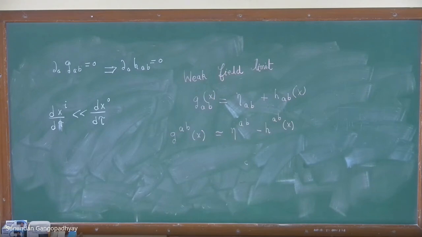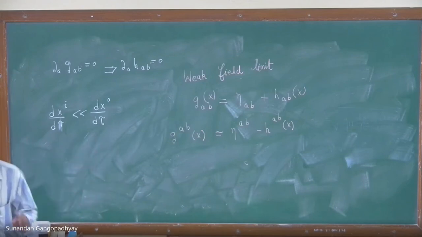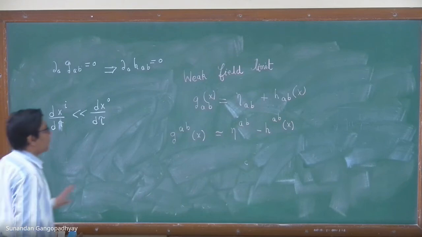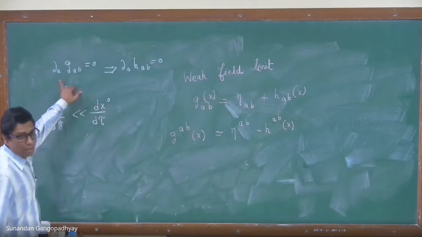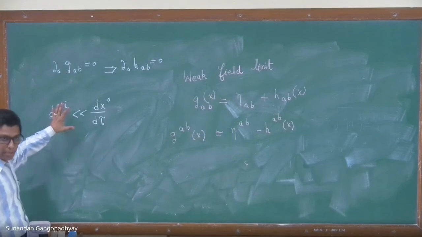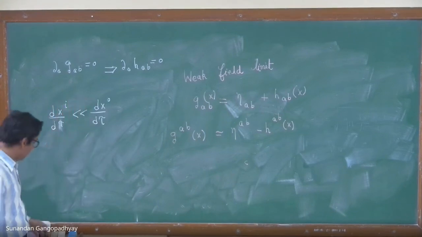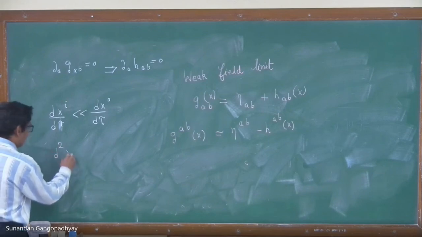This basically tells you that the particle velocity is much smaller than the speed of light. Please check it. You impose this condition and try to convince yourself that the particle velocity is smaller than the speed of light. If you have all these things, you have made the weak field approximation. You are assuming that the gravitational field is independent of time, and that the particle velocity is much smaller than the speed of light. Now let us write down the geodesic equation.